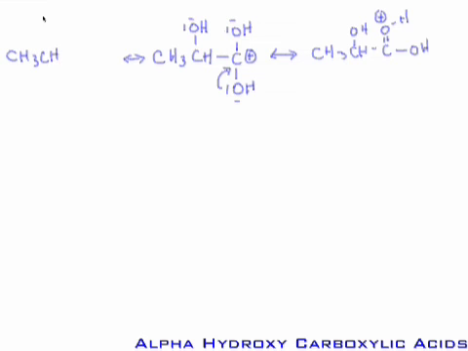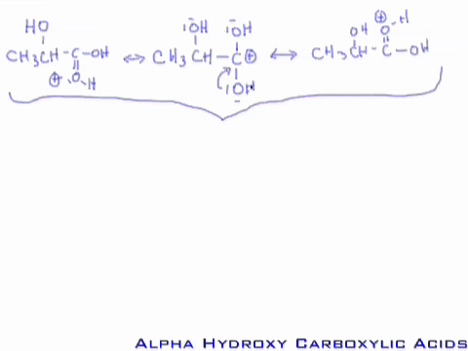Now, protonated carboxylic acids are very acidic. Carboxylic acids that have an extra proton readily want to lose that proton. So all of these structures, these resonance contributors, will lose an H+.